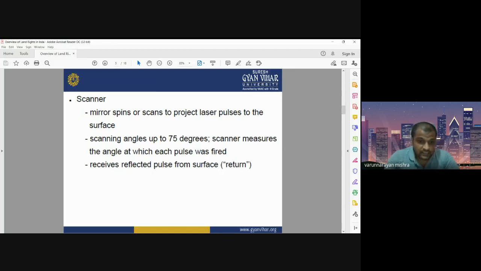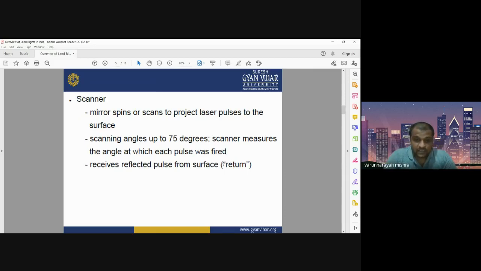It generally receives the reflected pulses. As we know, reflected pulse means the amount of energy which is reflected back by the interaction with different objects. Reflection means energy is transmitted, it interacts with the object, and how much energy is reflected back is known as the return.